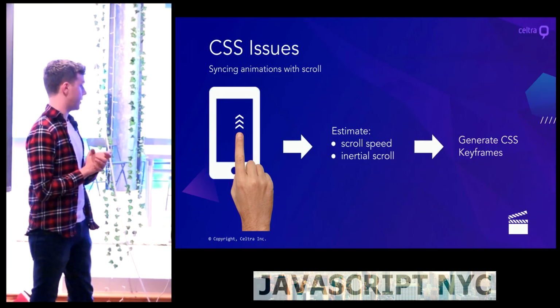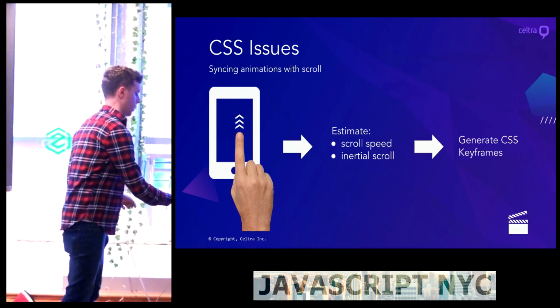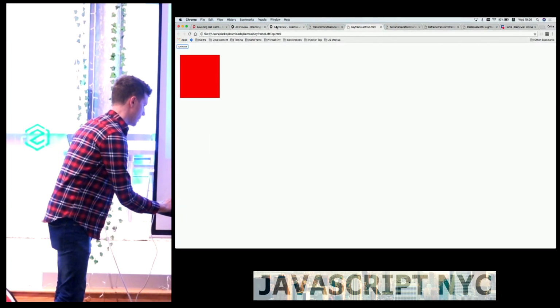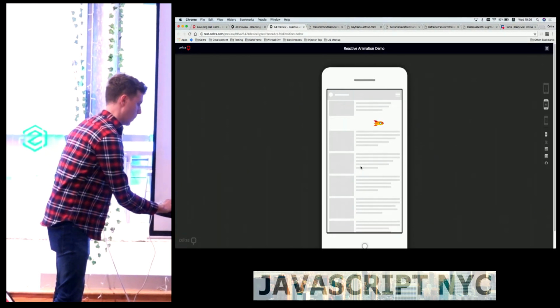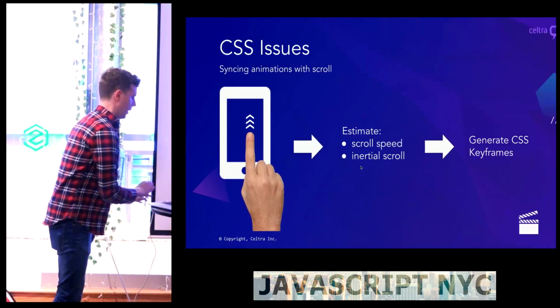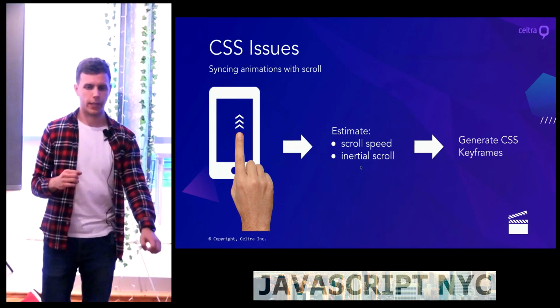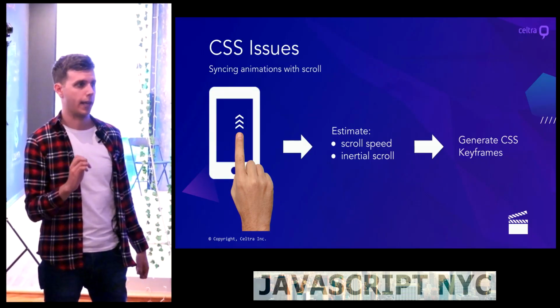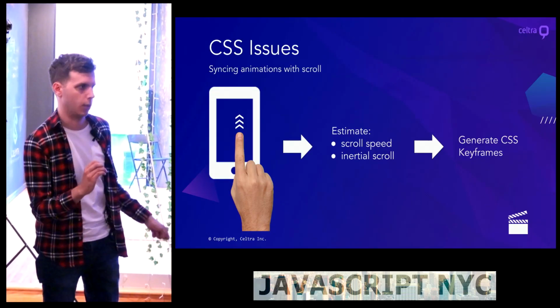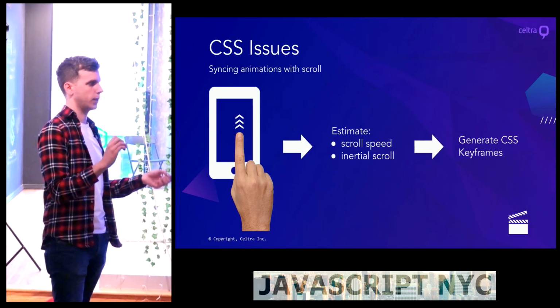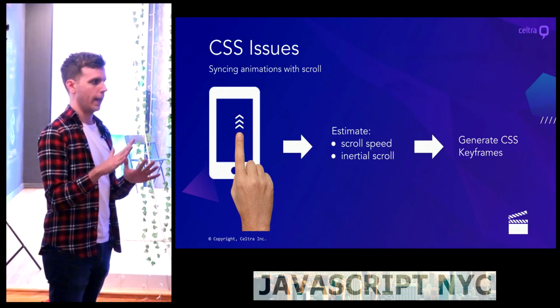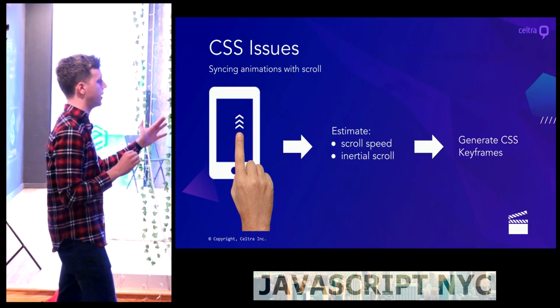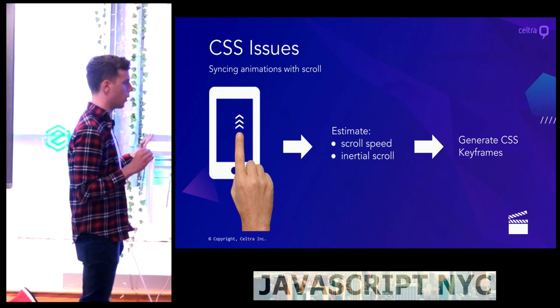Okay, the next thing, syncing animations with scroll. This is relevant to these animations, right? And I'm going to talk about the case where we would solely rely on the CSS animations engine to do the animation. So what we would like to do is define the keyframes and let the CSS animation engine take care of everything.